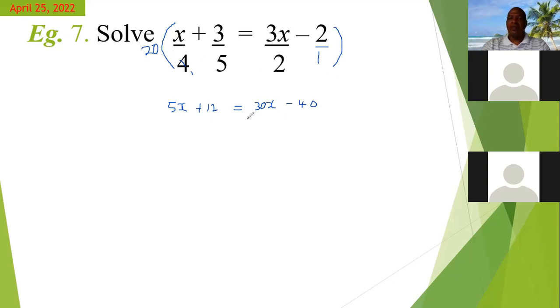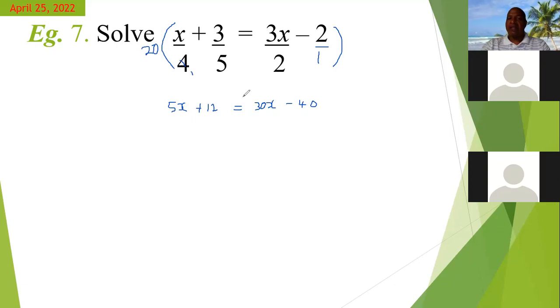Now, there we simplify the entire thing by just getting rid of the denominators. So all we need to do now is to solve this equation in the usual way. Depending on how you want, we generally bring the x's to the left side, but we could bring all the x's to the right side too. That wouldn't be a problem, right?